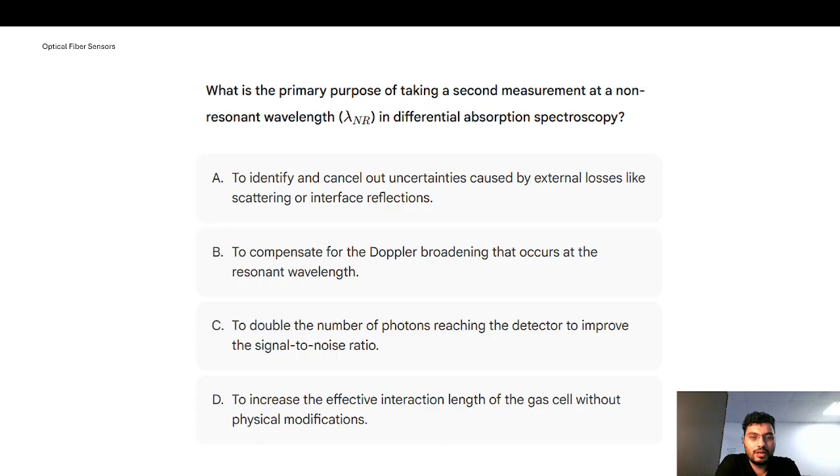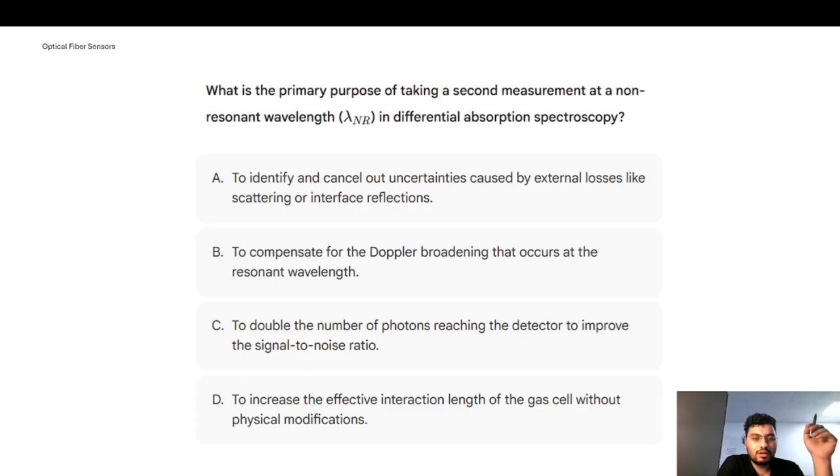What is the primary purpose of taking a second measurement at a non-resonant wavelength in differential absorption spectroscopy? There are options. A says, to identify and cancel out uncertainties caused by external losses like scattering or interference reflections.